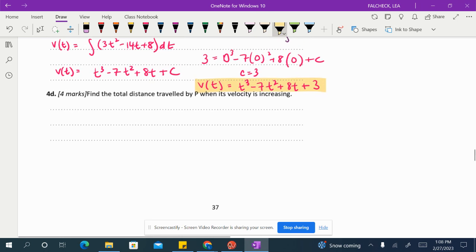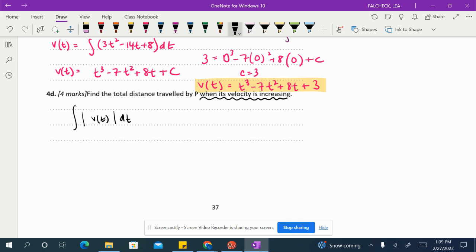4D. Find the total distance traveled by p when its velocity is increasing. So when its velocity is increasing, this is giving me my bounds. This is like find the spot where the graph of the velocity is increasing, and we're going to find the total distance traveled in those areas. Total distance traveled, of course, is going to be an integral, and it's going to be the absolute value of v of t over that specific bound.